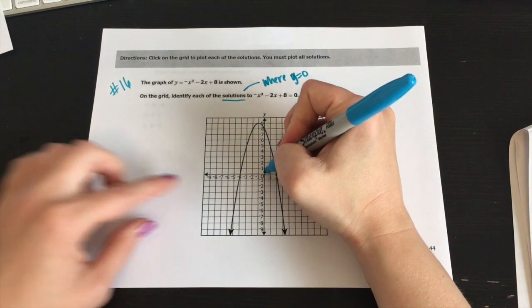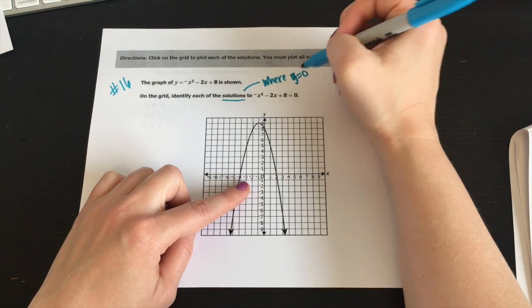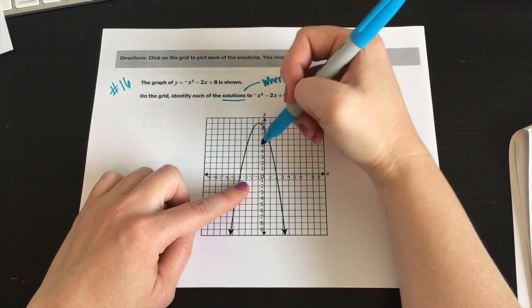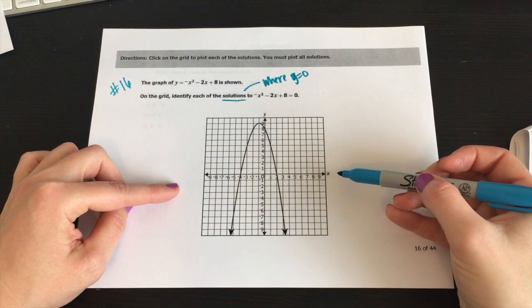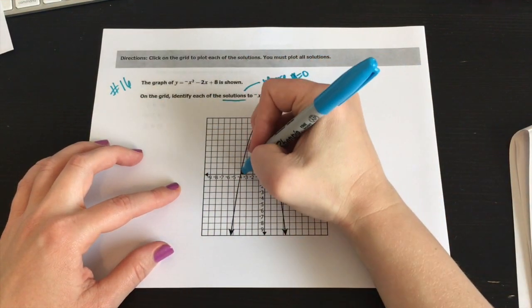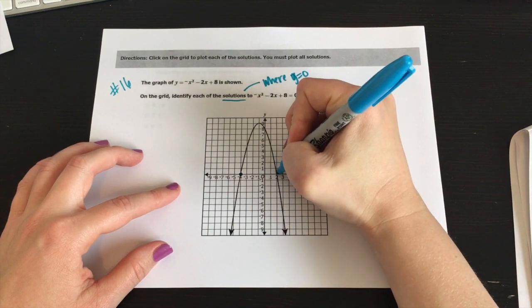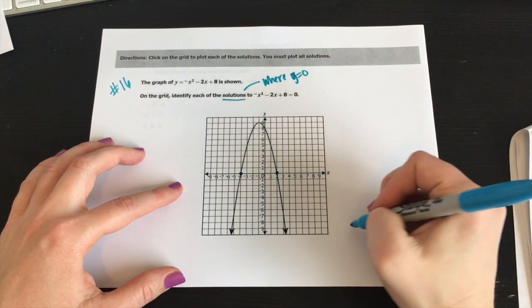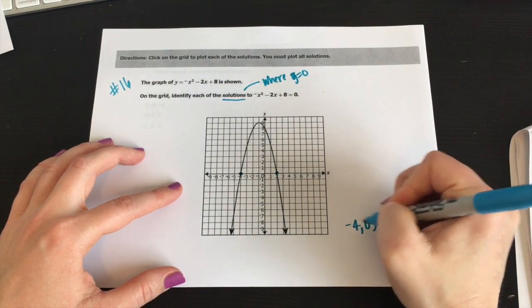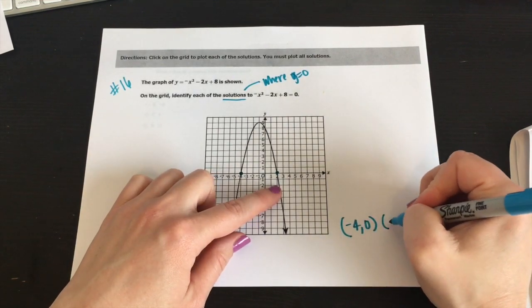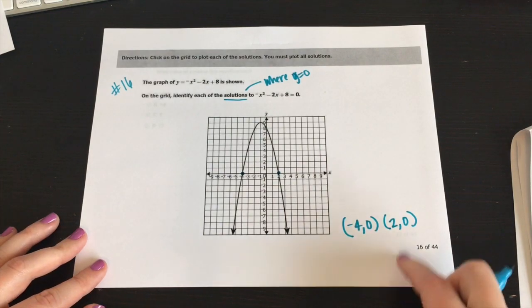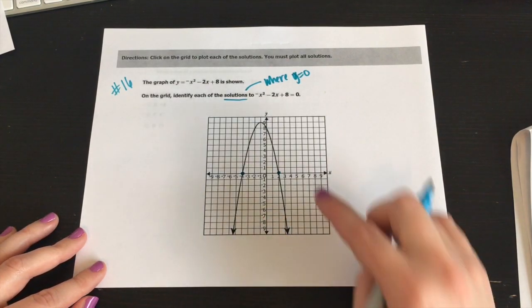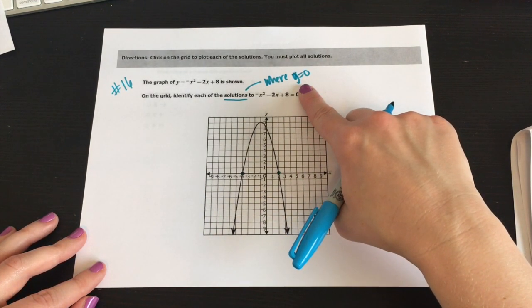So anywhere you cross the x-axis at 0 is a solution. Here's a solution, and here's a solution: negative 4, 0, and 2, 0. These are the solutions for this problem.